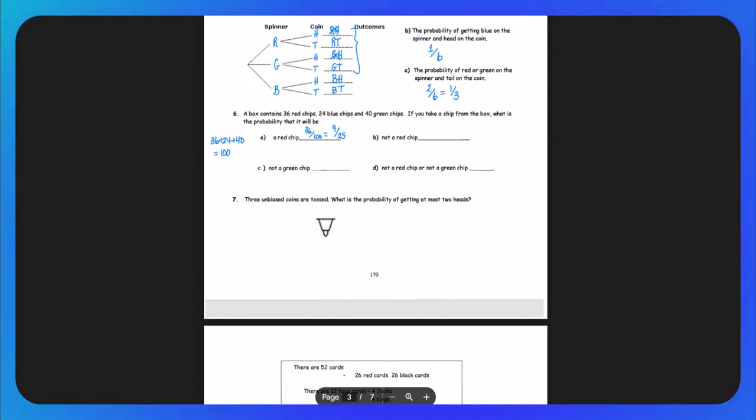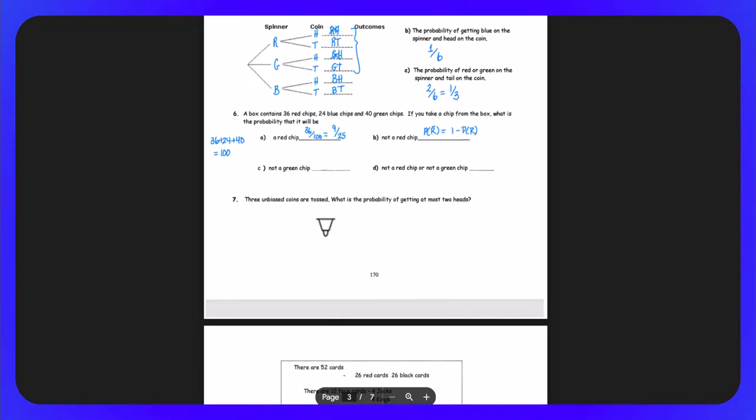So B, what is the probability that it is not a red chip? Well, we can either count up the blues and greens and form the fraction that way, or we can use our definition of the complement, where the probability of not red equals 1 minus the probability of red, which we've already figured out.